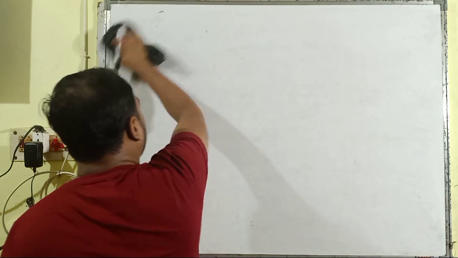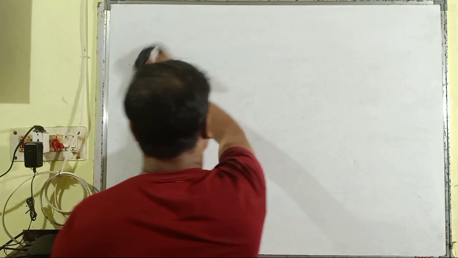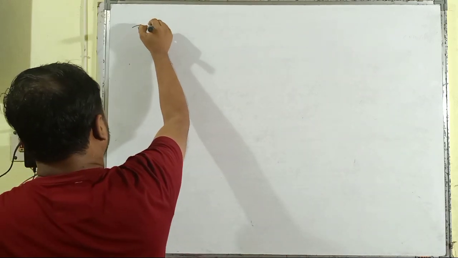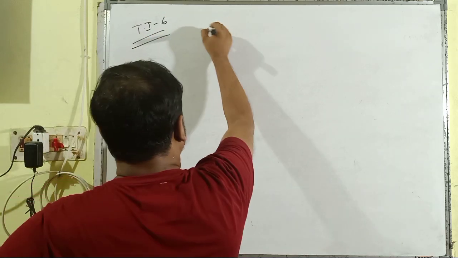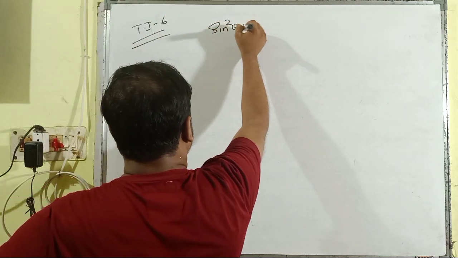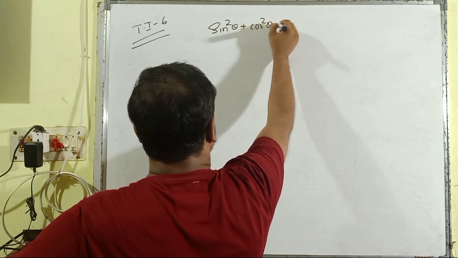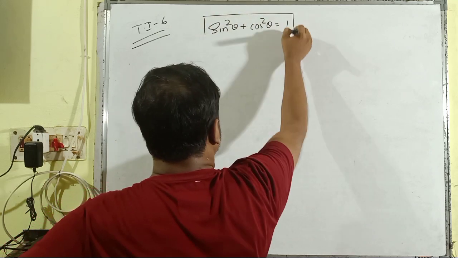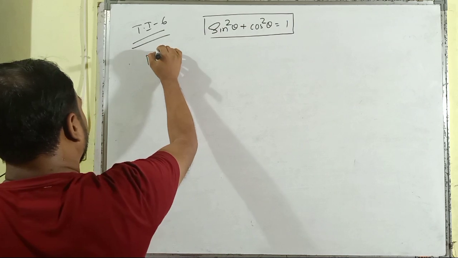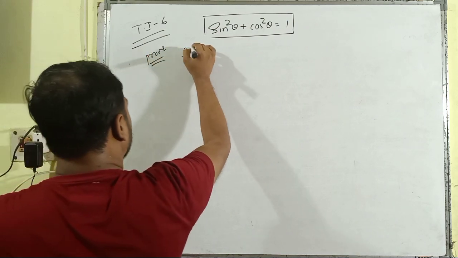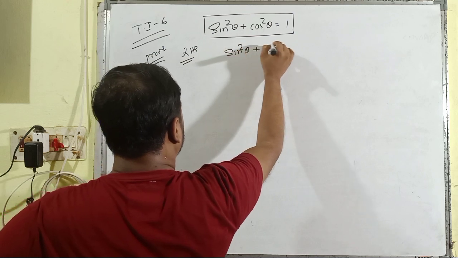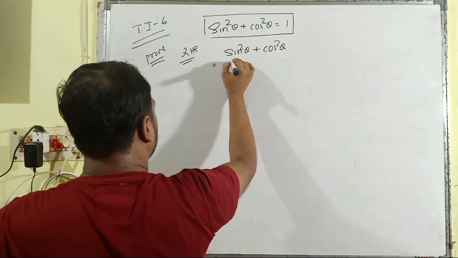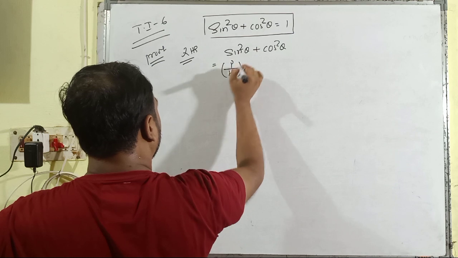So let us go through trigonometric identity number 6. The first one is sin square theta plus cos square theta equals 1, and we have to prove it. Taking the left hand side, sin square theta plus cos square theta, the value of sin theta is p upon h.